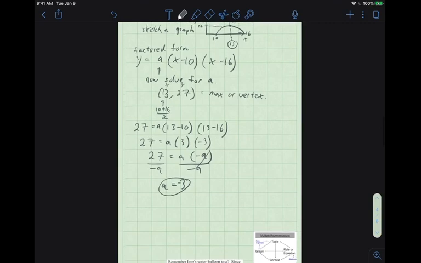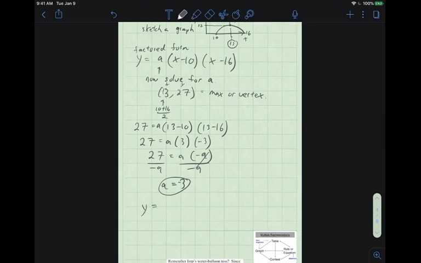So our equation here looks like this: y equals negative 3 times x minus 10 times x minus 16.